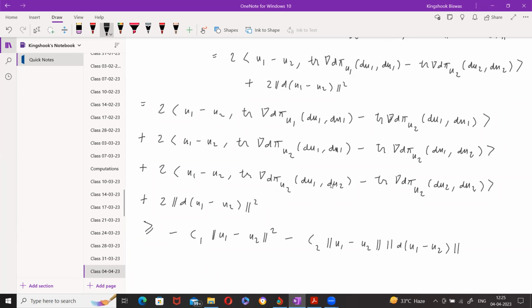Right. And similarly, this third term will also be bounded by a constant times norm u1 minus u2, norm d of u1 minus u2. And then I have this plus 2 norm d of u1 minus u2 whole squared. Okay.